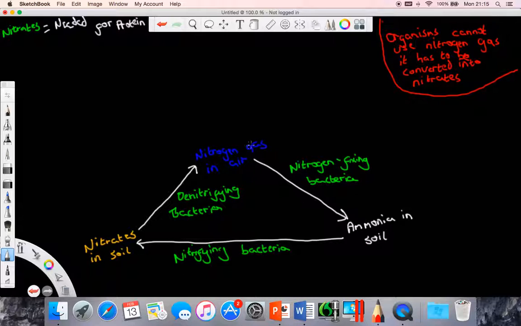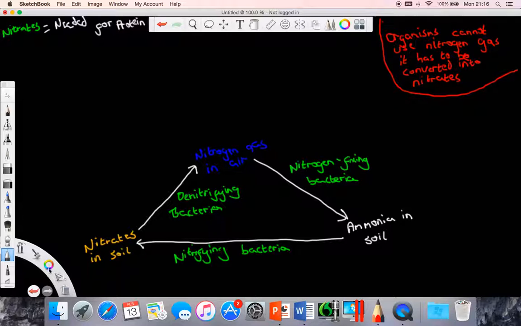So we've got a cycle. We've got nitrogen gas in the air, which can be turned back into ammonia by nitrogen-fixing bacteria. The ammonia in the soil can be turned into nitrates by nitrifying bacteria, and the nitrates in the soil can be turned into nitrogen gas again by denitrifying bacteria.